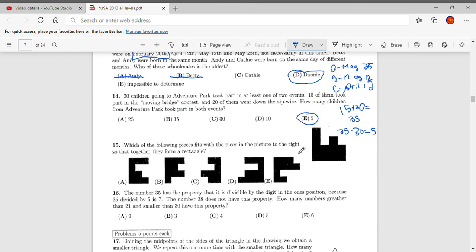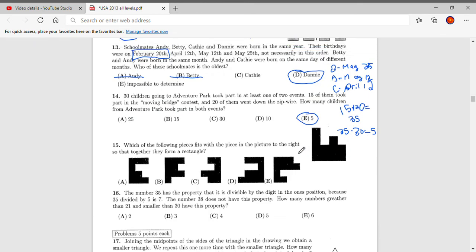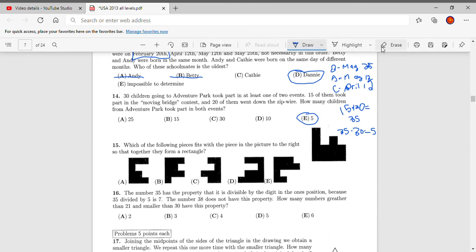Number 15. Which of the following pieces fits with the piece in the picture to the right so that they form a rectangle? So I'm going to erase this because I'll be drawing here. And hopefully you've already seen that when I was explaining it earlier.